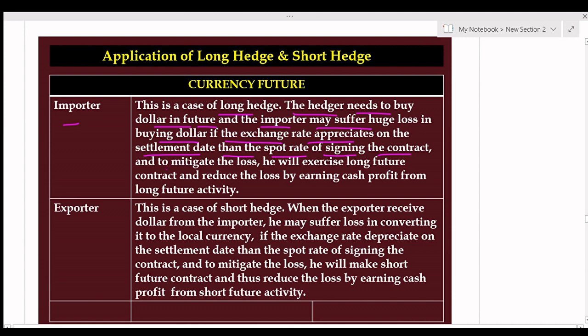To mitigate the loss, he will exercise a long future contract and reduce the loss by earning cash profit from the long future activity.